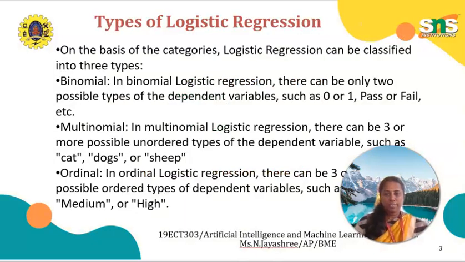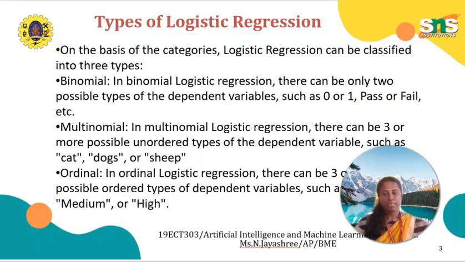In linear regression, the dependent variable depends on the independent variables, whereas logistic regression deals with discrete values, or classification problems. Logistic regression can be classified into three types: number one, binomial; number two, multinomial; and lastly, ordinal. Let us see them in detail.